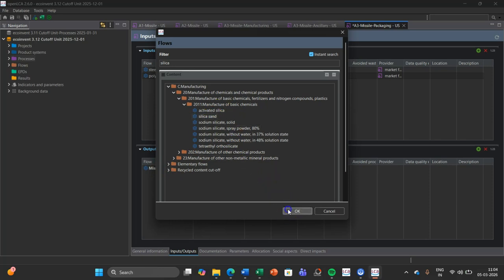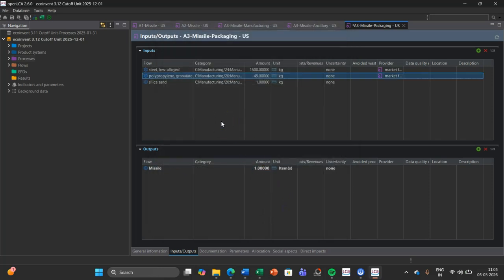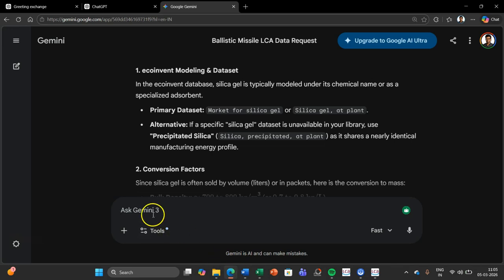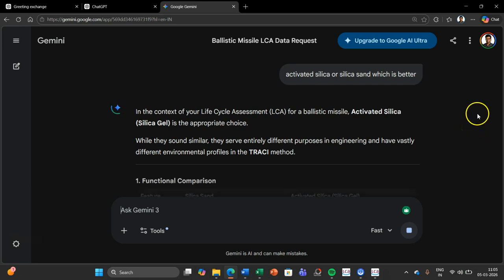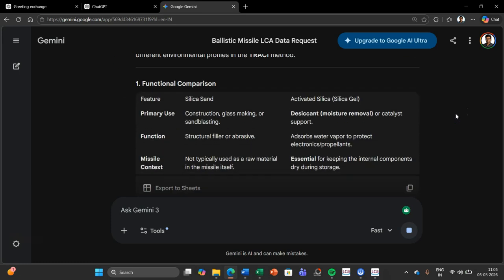Okay, let's put the silica sand, or activated silica, which is better. The same thing in case of ecoinvent, you would jump into the data set of activated silica and silica sand, then understand what consumption activities are there in each data set and come to a decision.